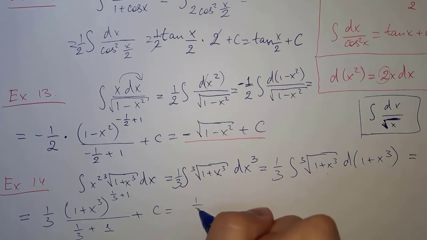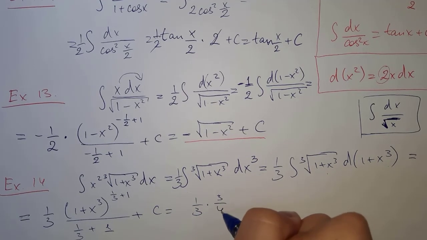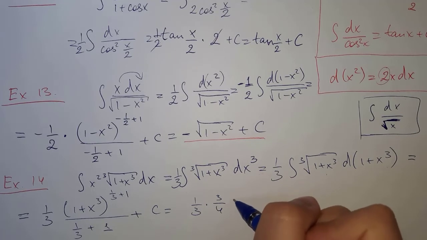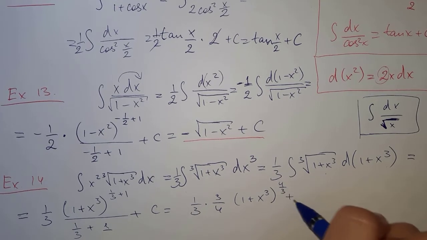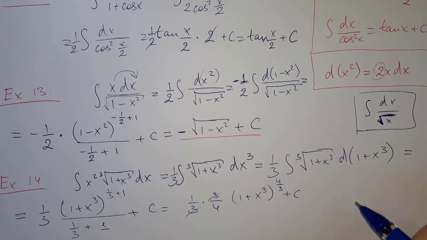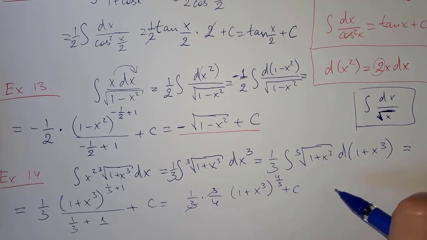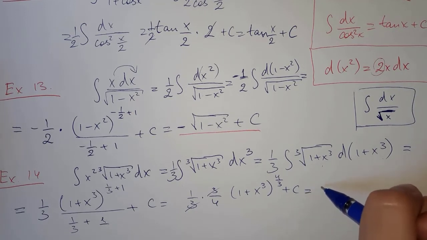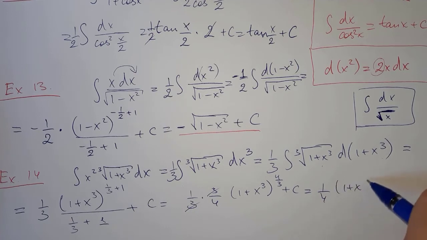We have 1 over 3 times 3 over 4, and 1 plus x cubed to the power 4 over 3 plus c. They are cancelled, and we have just 1 over 4, 1 plus x cubed to the power 4 over 3 plus c. This is the answer.